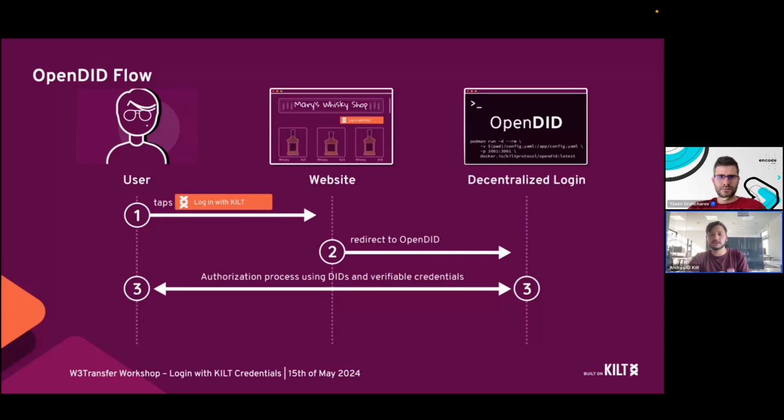And if it's all right, then it makes an ID token that gets sent back to the regular website. And then it's all Web2 from this point. So you can see it's a very easy flow. And today we are going to show how it's really easy also to implement it, to use it.